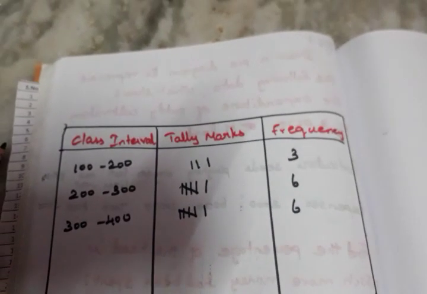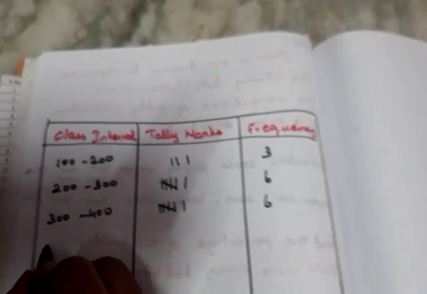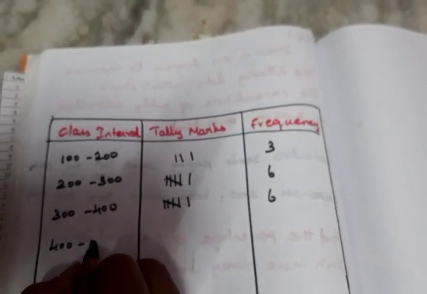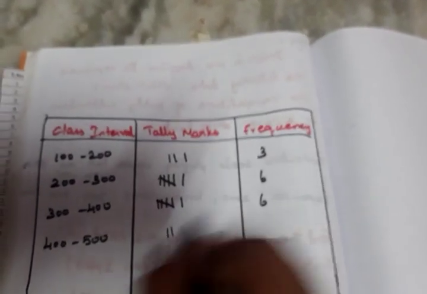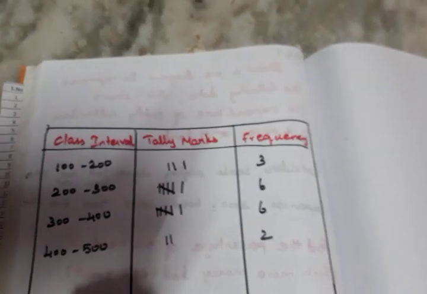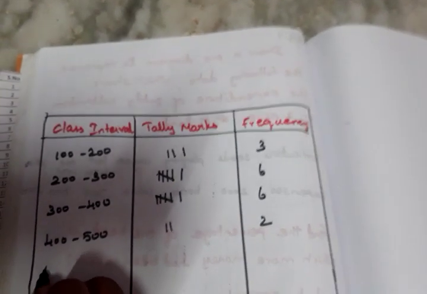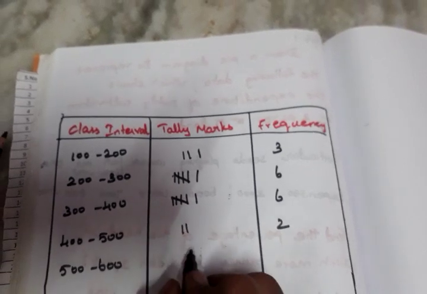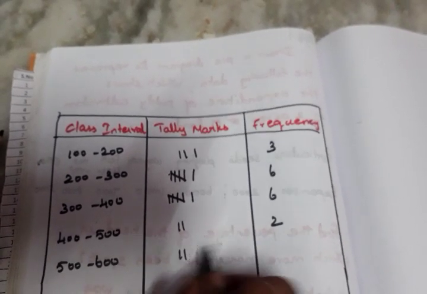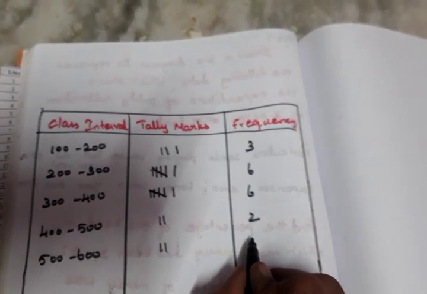Then 400 to 500, 2. Then 500 to 600, 2 of them paid.